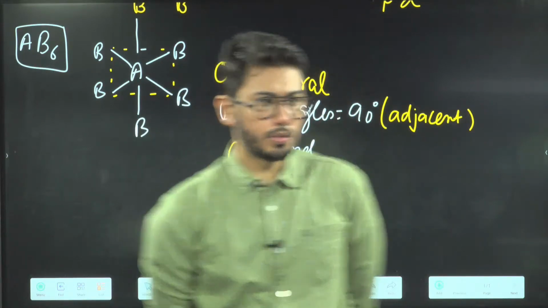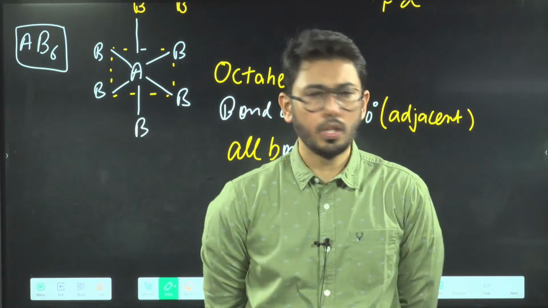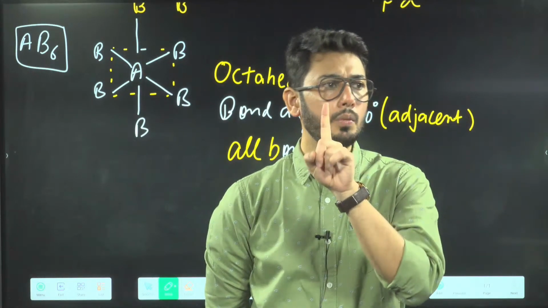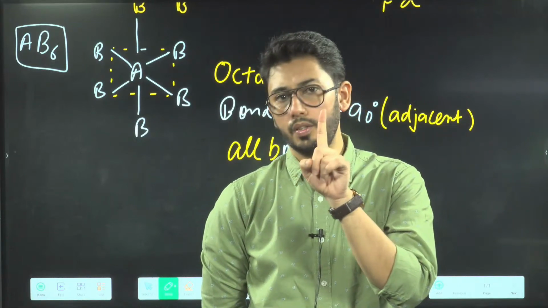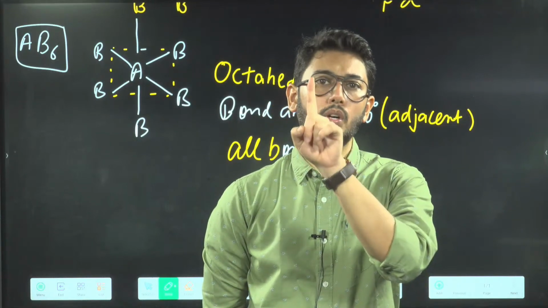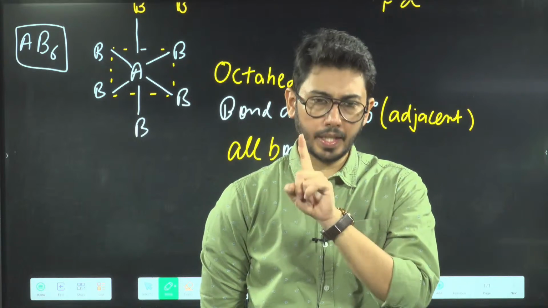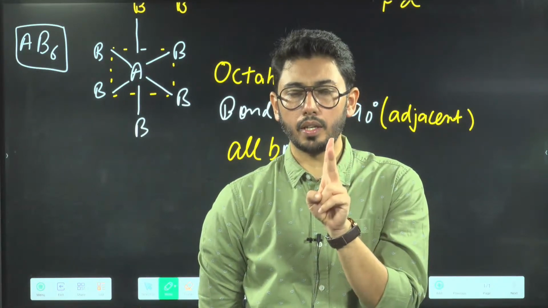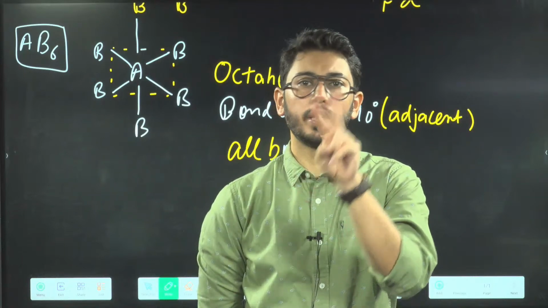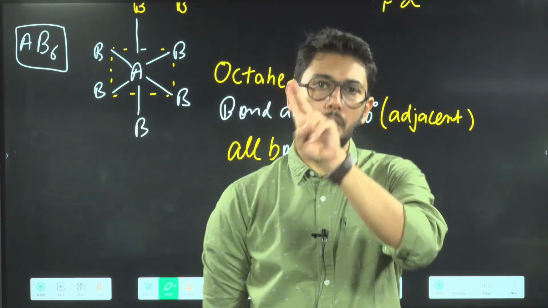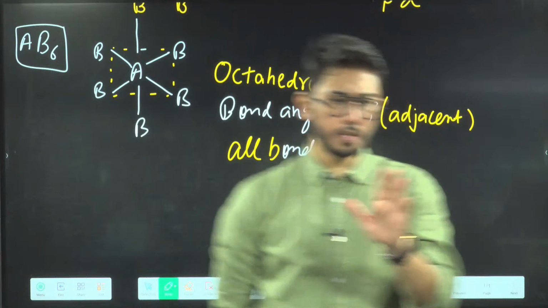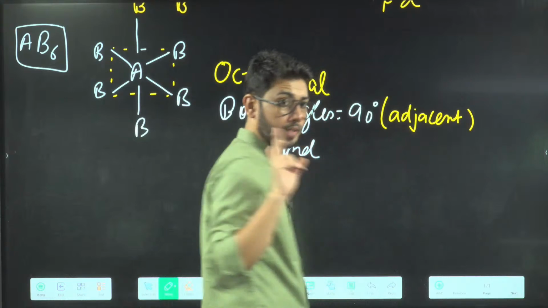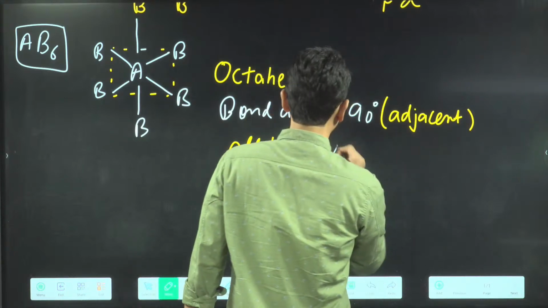Channa same, Jyotsna same, okay, very good. So the point is here, how many types of adjacent bond angles? Only one. Therefore, one type of bond length. Getting it? In trigonal bipyramidal, we have 2 types of adjacent bond angles, and that is why we have how many types of bond lengths? Two types of bond length. Did you understand? So here all adjacent bond angles are 90 degrees, meaning same bond angles all, and all bond lengths same.